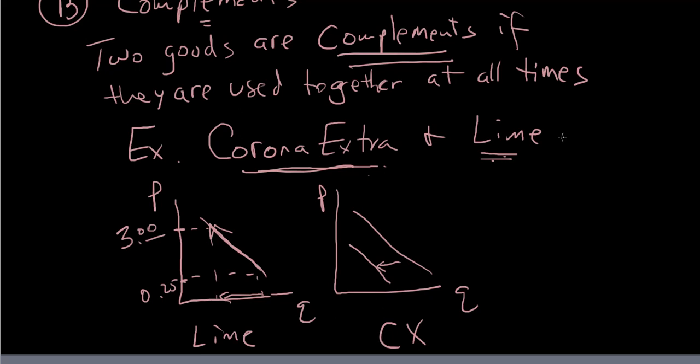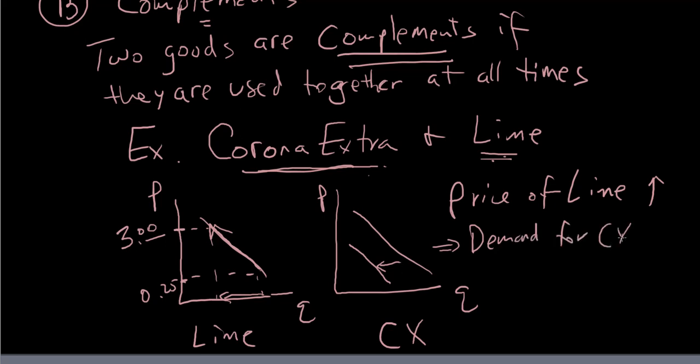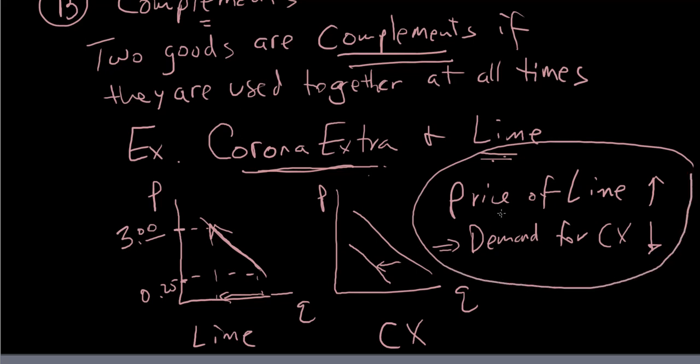So when these two goods are complements and the price of lime goes up, the demand for Corona Extra went down, right?